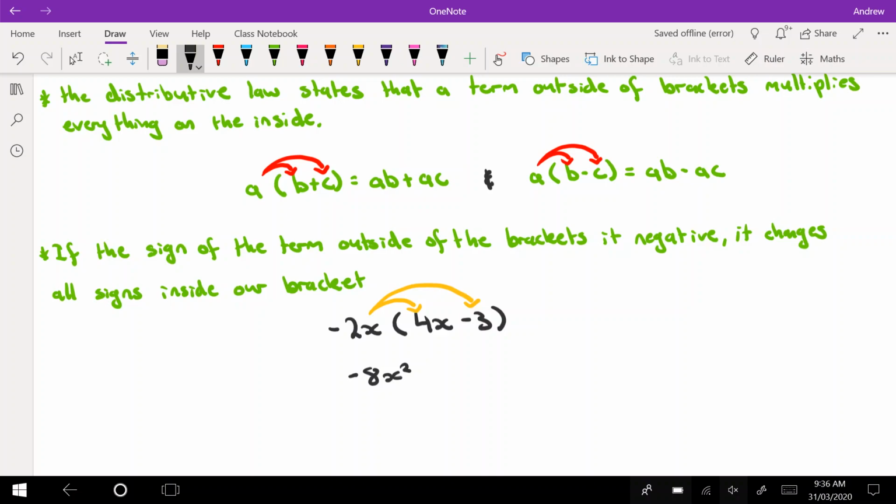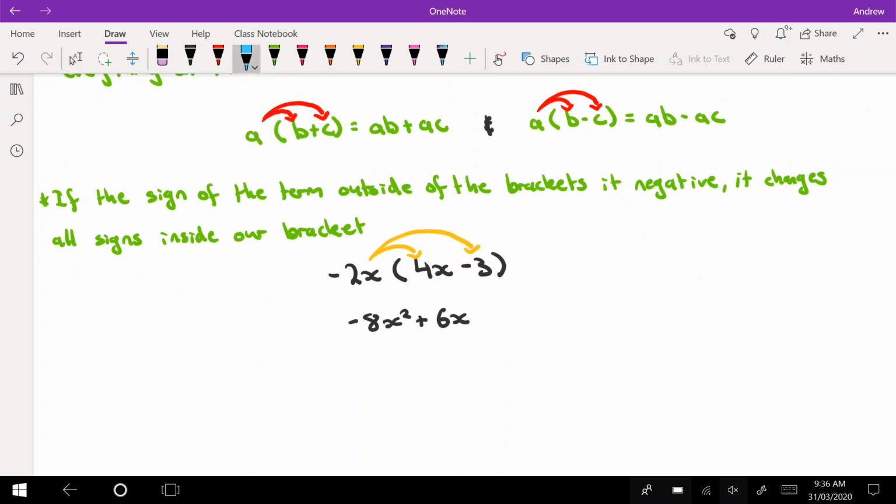Negative 2x times negative 3 gives me positive 6x. Okay? The negative 3, the sign changes to a positive. Then positive 4, the sign changes to a negative. So just be aware that it's going to be a little bit different once we have negatives in our outside term.